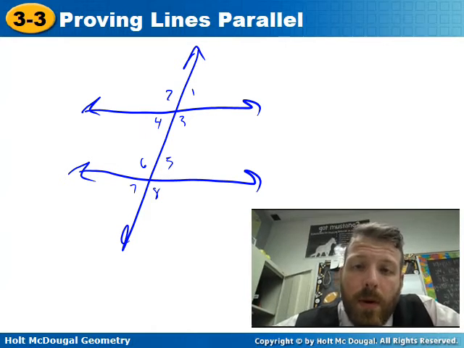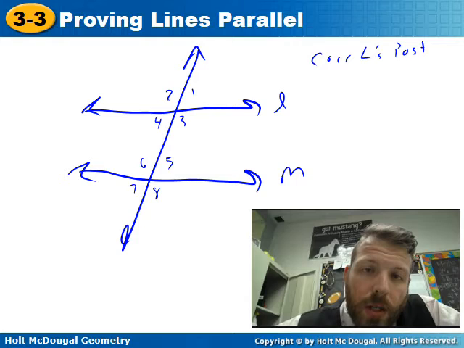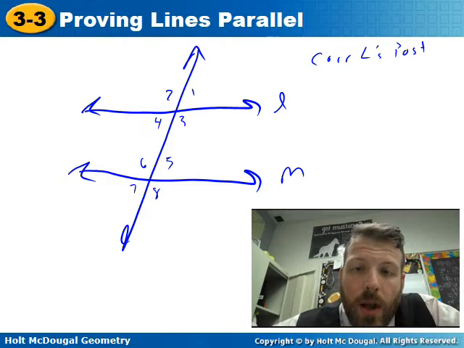What you have to remember is that it all comes back to the corresponding angles postulate, which stated that if two lines, L and M, are cut by a transversal, and these two lines are parallel, then the corresponding angles are congruent.